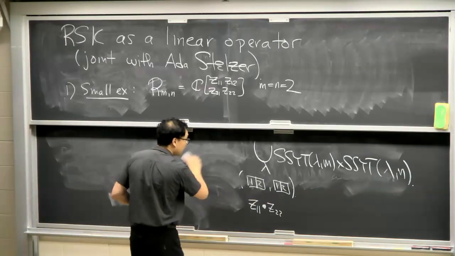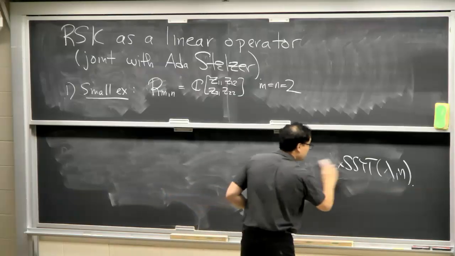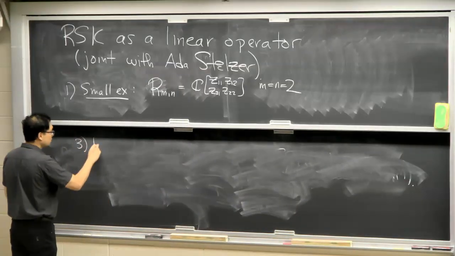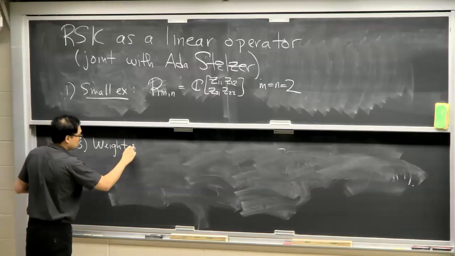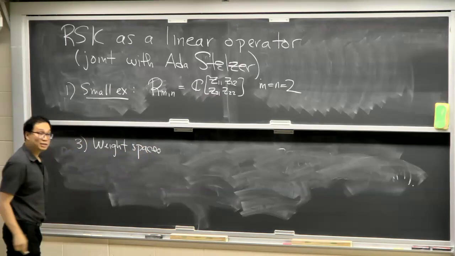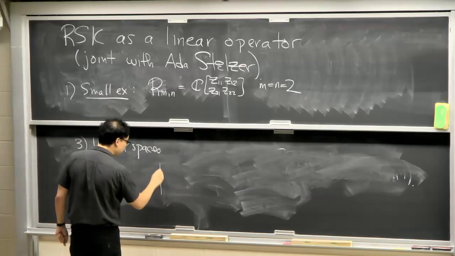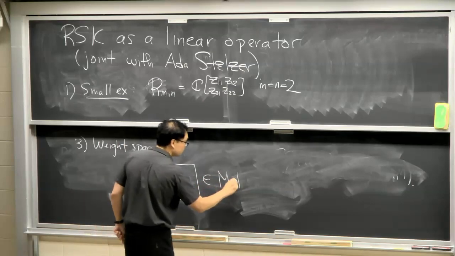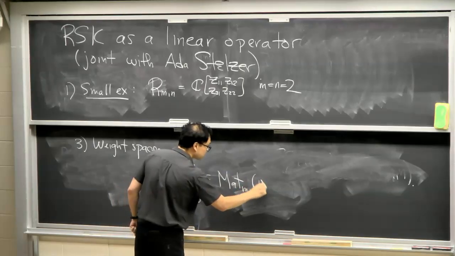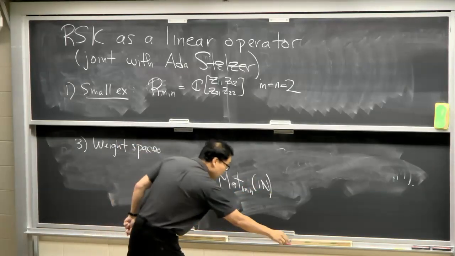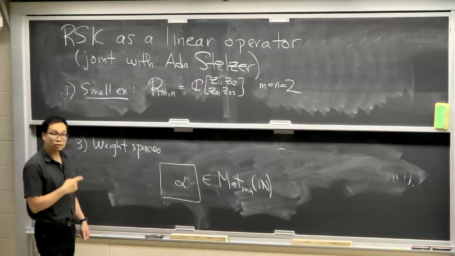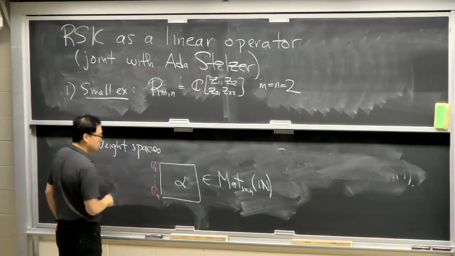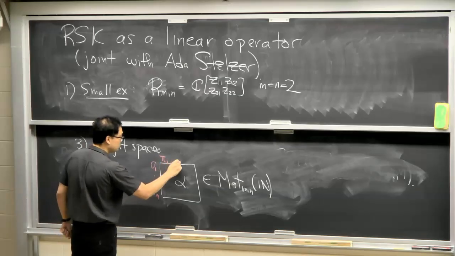And this is what I'll call weight spaces. So what Stephen is saying is let's think about a matrix alpha. Again, non-negative entries. And then I'm going to impose that the row sums are fixed, and then you also have column sums fixed.